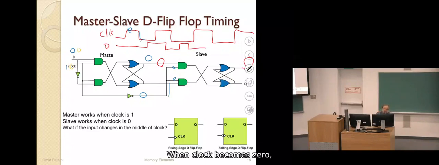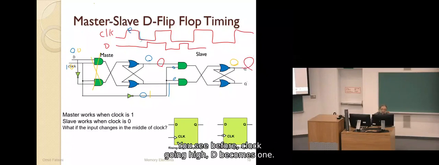When clock becomes zero, then this will be masked. This master flip-flop doesn't work. But here the clock becomes 1. Now the clock for the slave is 1, and we have 0 at the input, so 0 goes to the output. And we have 0 at the output.